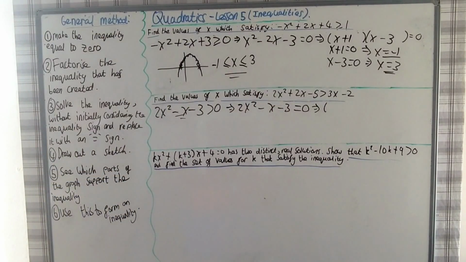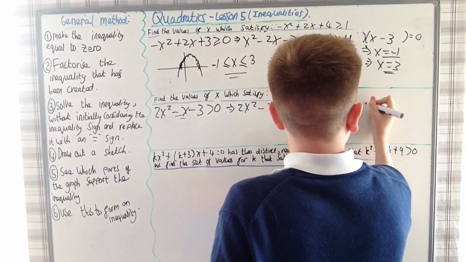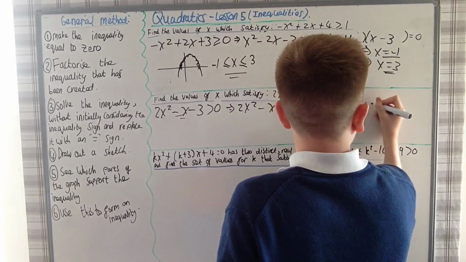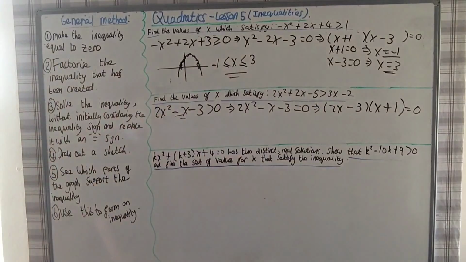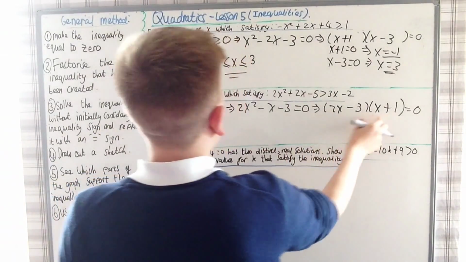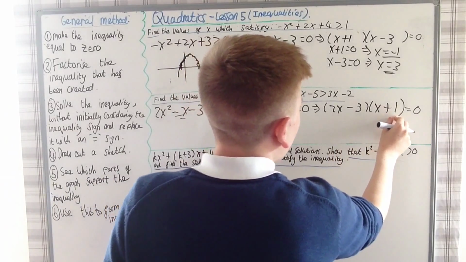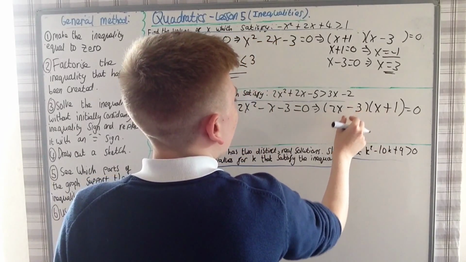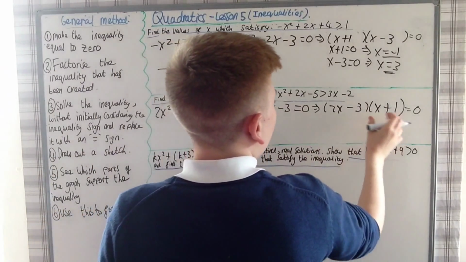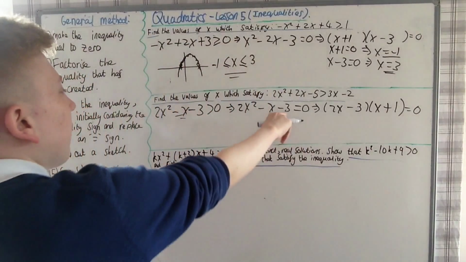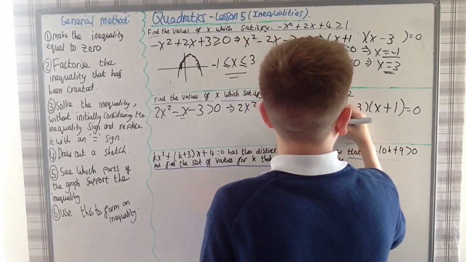So factorising this, we're going to get that, because 2x multiplied by x will give us the 2x squared. 2x multiplied by 1 gives us 2x. And x multiplied by minus 3 gives us minus 3x. 2x minus 3x gives us minus 1x. Then the minus 3 multiplied by the positive 1 gives us the minus 3. So this works. And now we, once again, make each bracket equal to 0.